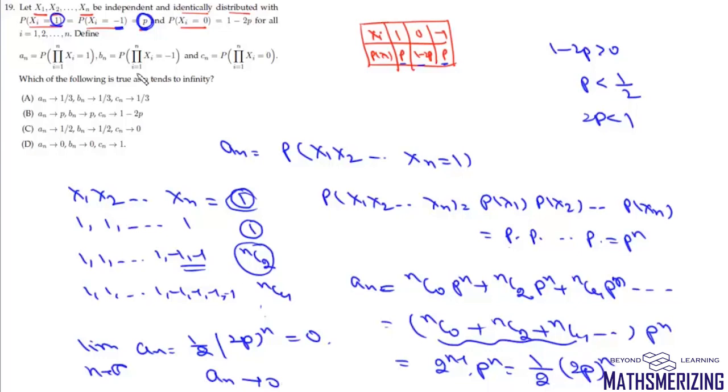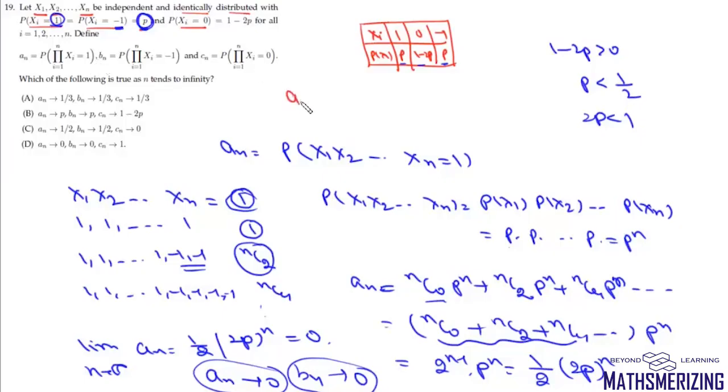Now in the same way, we can prove the result for bn. For bn, we'll start with minus 1, and then we'll replace minus 1s with plus 1s. So we'll again end up getting the same expression. So from symmetry, we can say bn tends to 0. So an tends to 0 and bn tends to 0. Now we know that either this product will be plus 1 or minus 1 or 0.